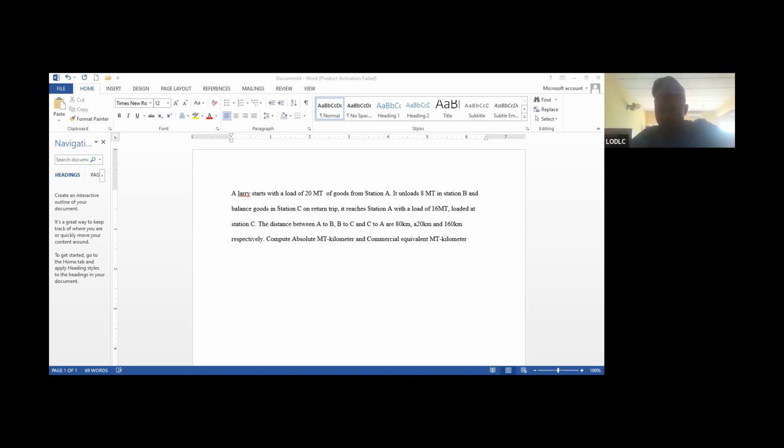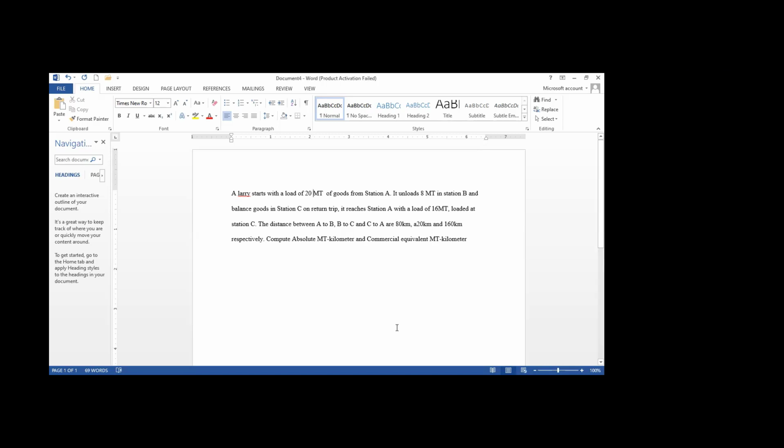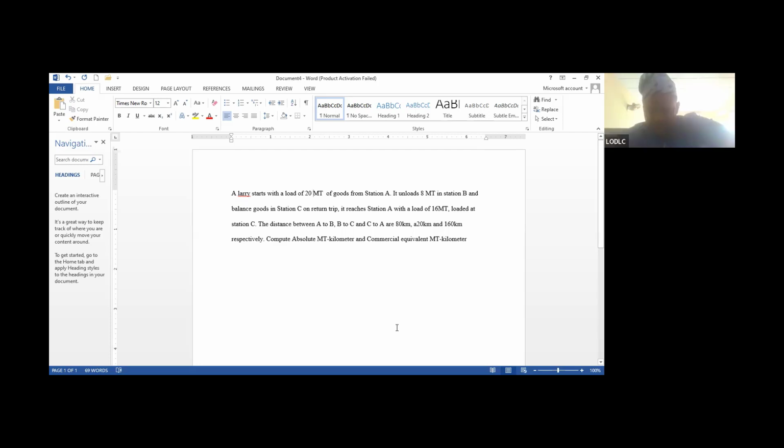So now, it unloads 8 metric tons in station B and the balance goods in station C on the return trip. It reaches station A with a load of 16 MT, loaded at station C. The distances between A to B, B to C, and C to A are 80 kilometers, 120 kilometers, and 160 kilometers respectively. Compute absolute metric ton kilometer and commercial equivalent metric ton kilometer.